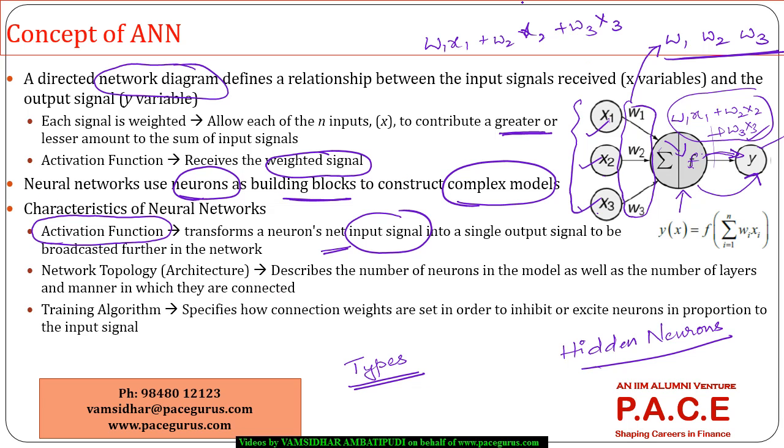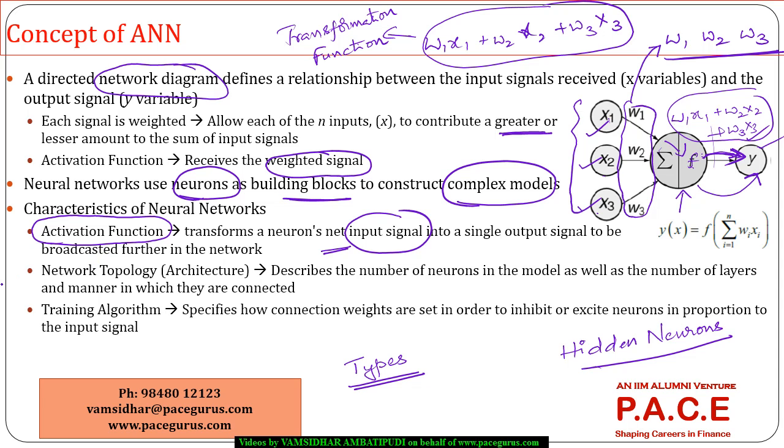So some kind of transformation occurs on the weighted input signal based on the activation function that I am supplying to it, and that transformed single value will go further in the network. That is the job of the activation function. There are different types of activation functions.